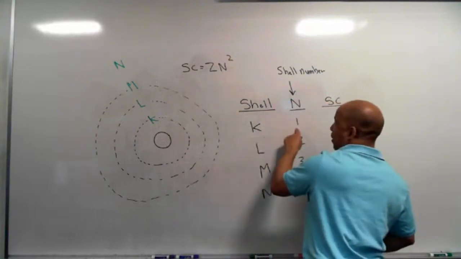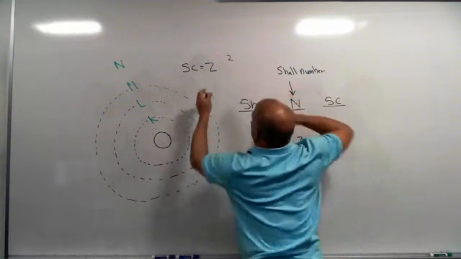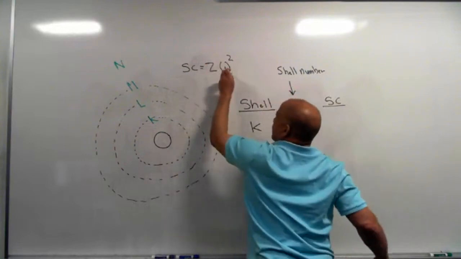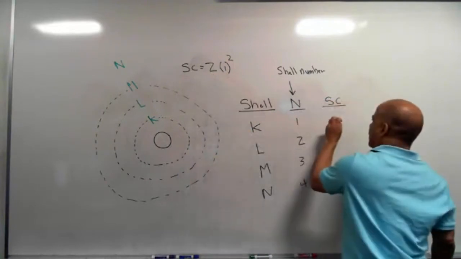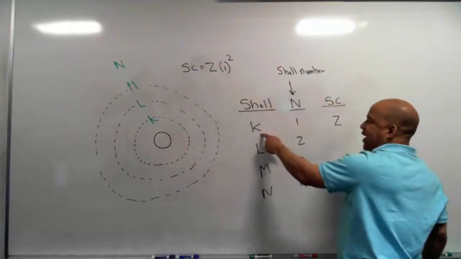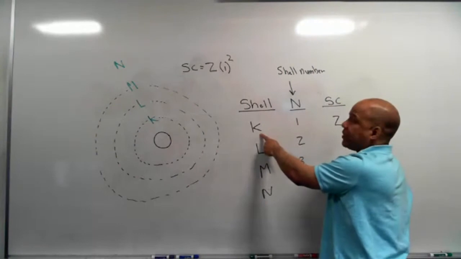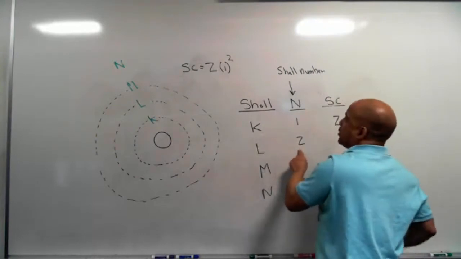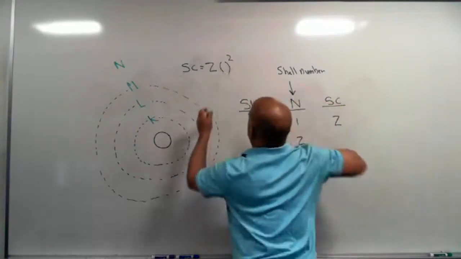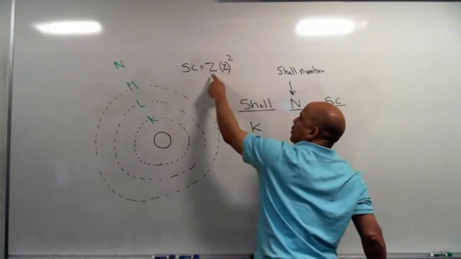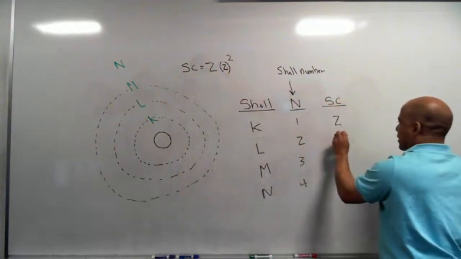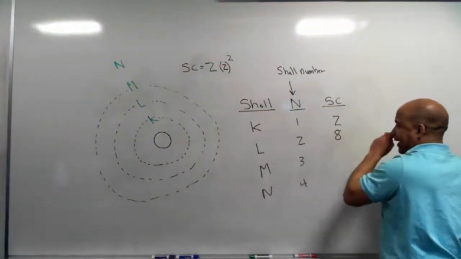So if K is shell number 1, I get 2 times 1 squared. Well, 1 squared is 1, and 2 times 1 is just 2. That means the K shell can hold a maximum of 2 electrons. The L shell has a shell number of 2. 2 squared is 4, and 2 times 4 is 8. So the L shell can hold 8 electrons.